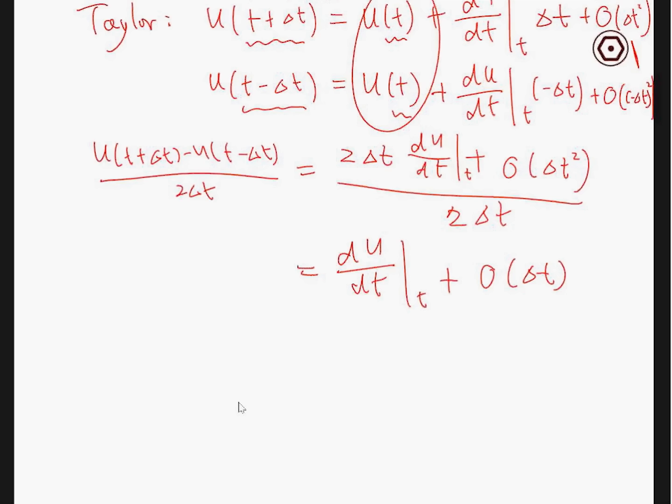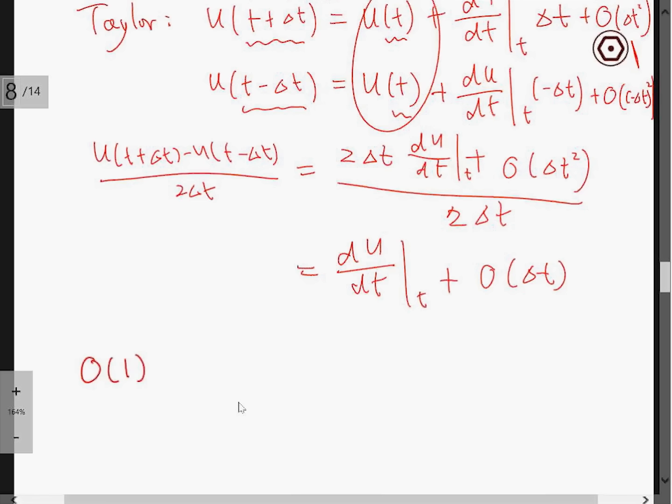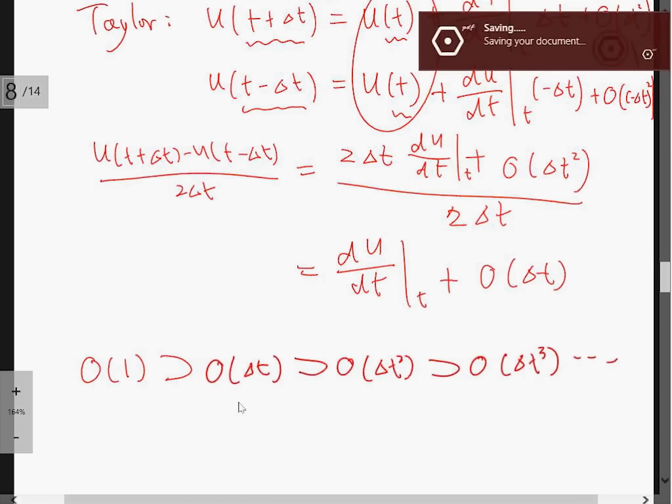If I have an O(delta t) term, and it happens that the coefficient before the delta t term is 0, then it is automatically going to be O(delta t squared), right? So I can say that O(1) is a superset of O(delta t), which is a superset of O(delta t squared), which is a superset of O(delta t cubed), etc. Right?